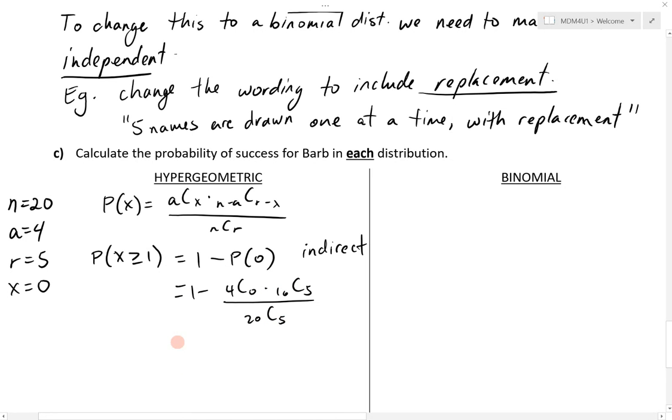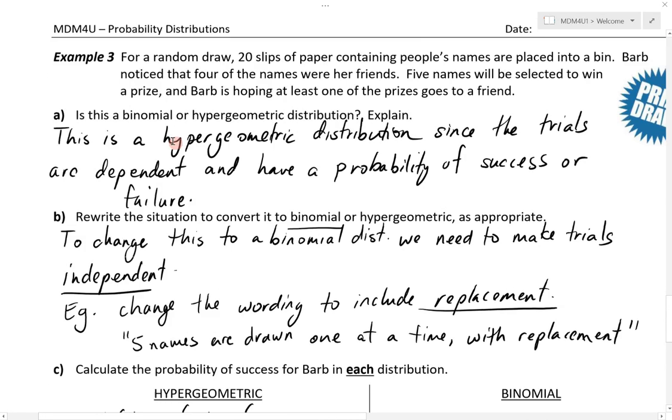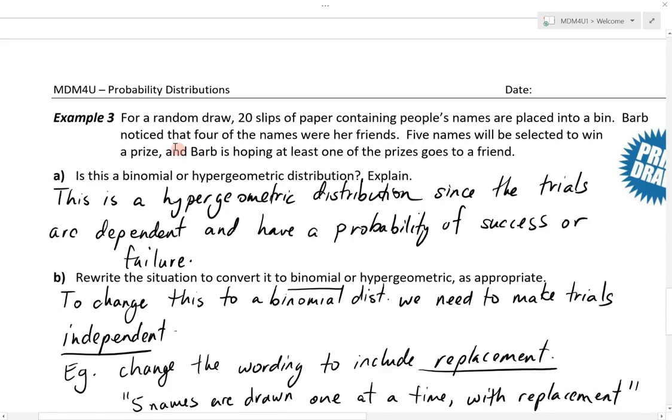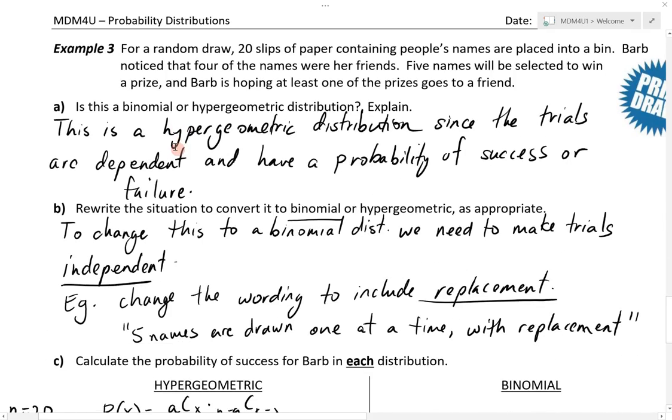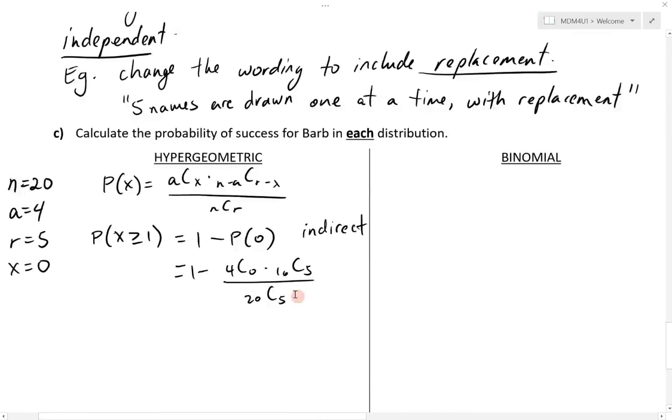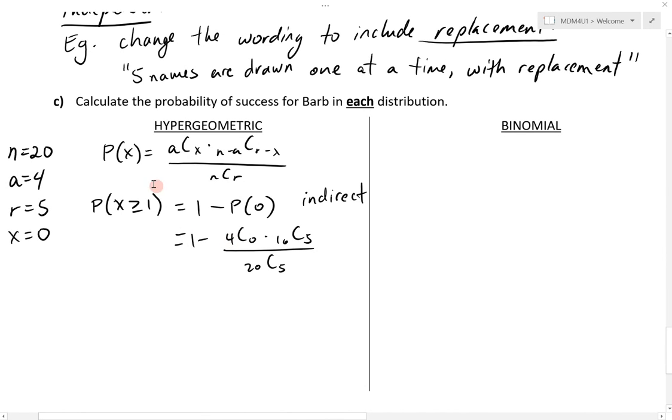If you don't understand this math, she has 4 friends, so she's hoping one of those names will go to her friends. So we're interested in finding the probability of none of the names going to a friend and subtracting that from one. That way we know the probability of having at least one friend winning.